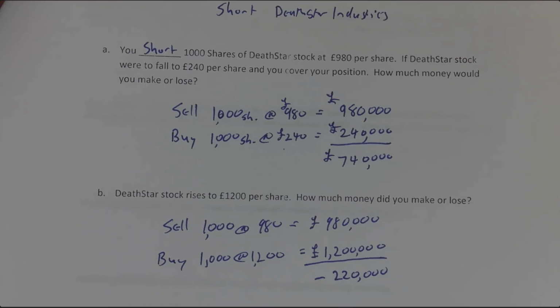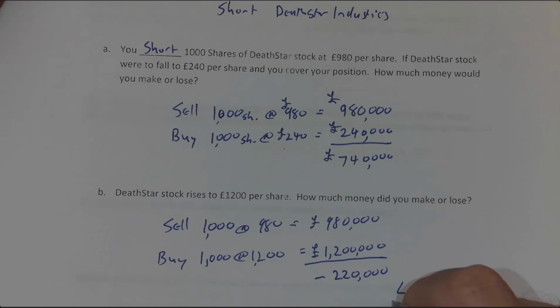We shorted it, so we borrowed shares of stock from someone else and sold them, got 980,000. Price went up, we had to cover our position. We bought the shares back at 1,200, so we paid 1.2 million for them and gave the shares back to who we borrowed them from. So we lost 220,000. That one was a loss.